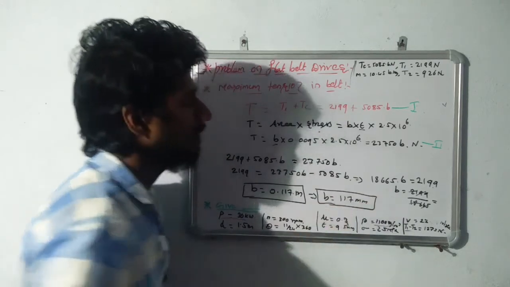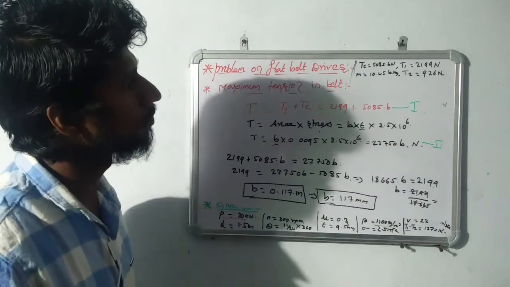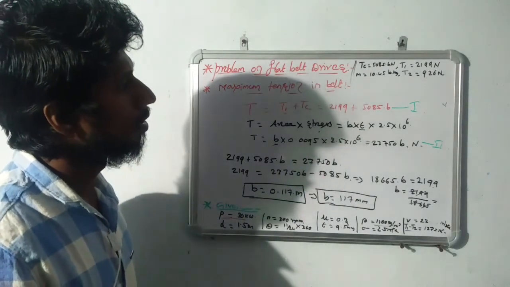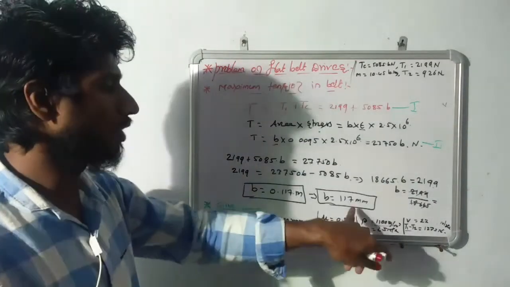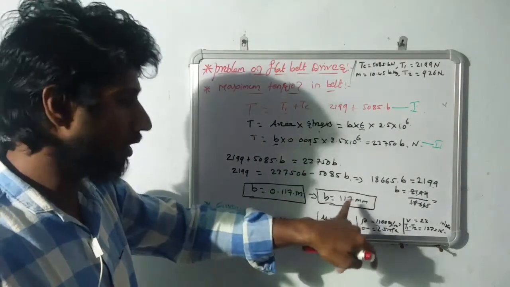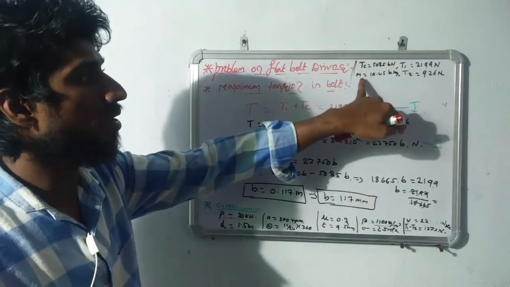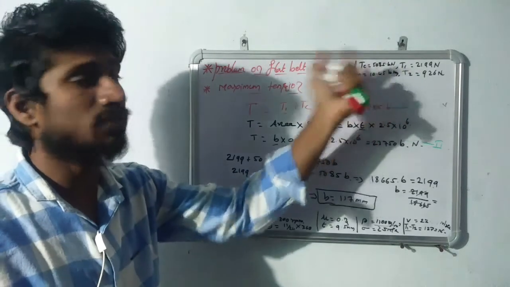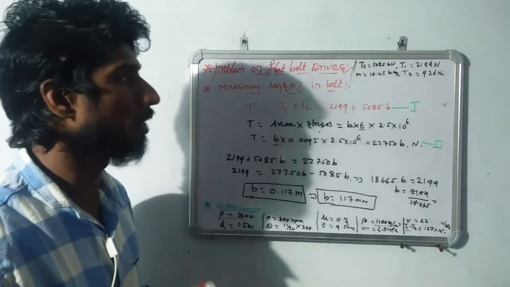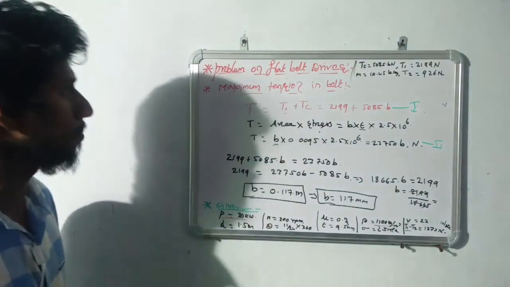So this is the width of the belt. With the width of the belt, we are going to determine the mass as well as the centrifugal tension of the belt. By substituting the B value in the centrifugal tension and the mass of the belt, we get the proper values of centrifugal tension and mass of the belt.